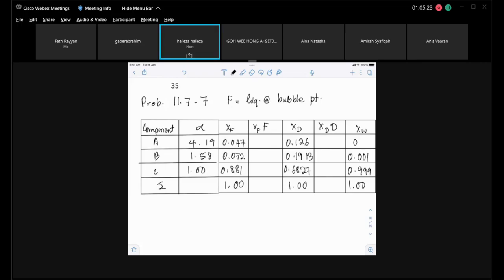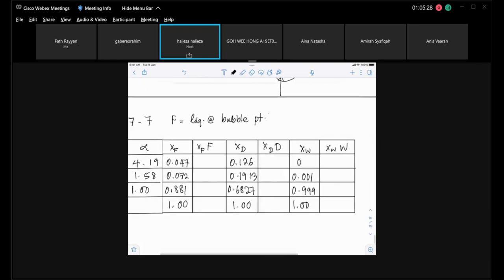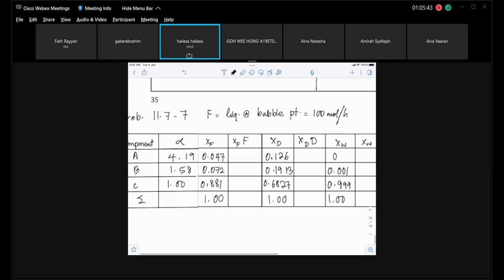Okay, so now we are not given the flow rate here. Oh yes, we are. For part A, if the feed rate is 100 units, mole per hour, you will know the amount in your feed for component A. That will be 4.7 based on the composition here, because your feed flow rate is 100.